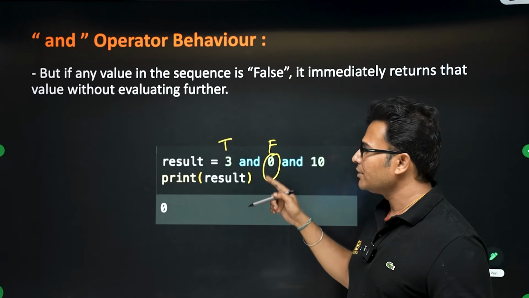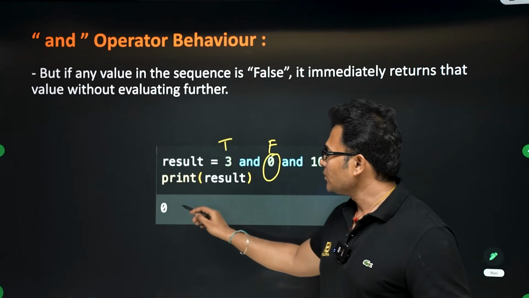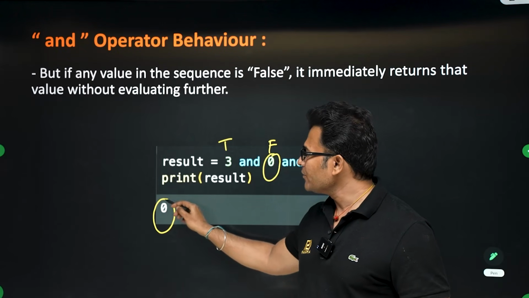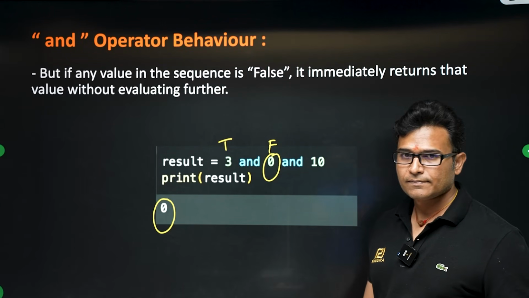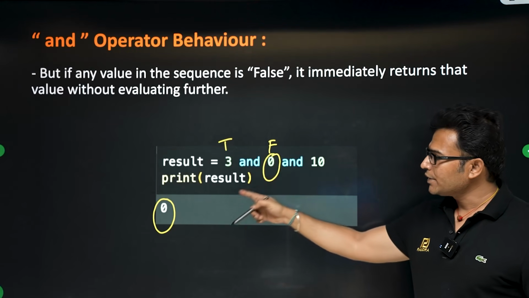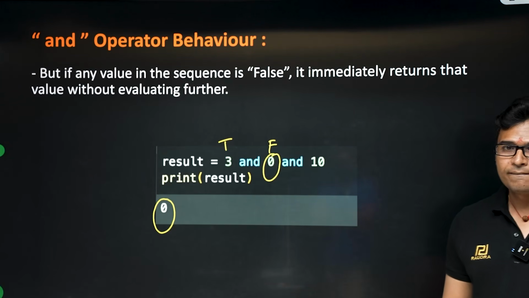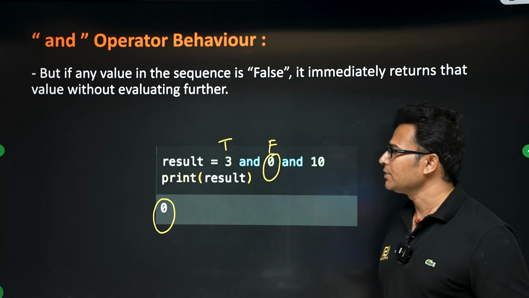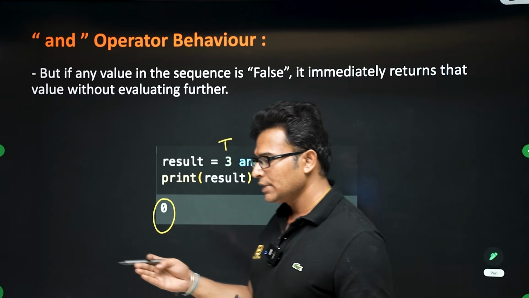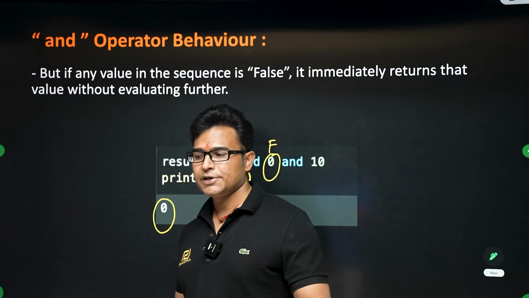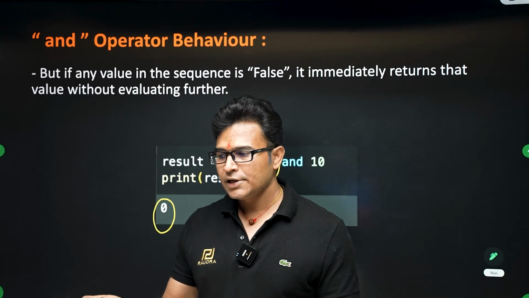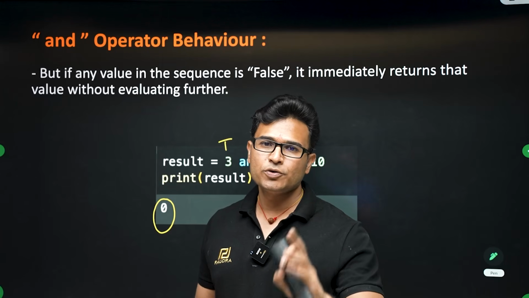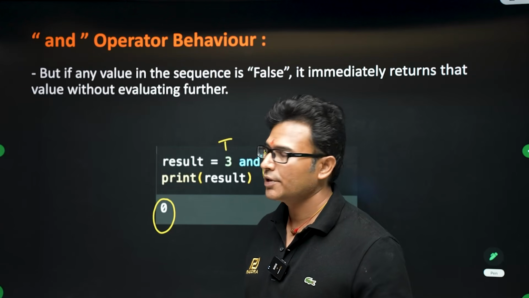It will directly return you that number which is false, where the false has happened. So if everything is true, then the last value is returned. If there is a false statement, then the first false is going to be returned.